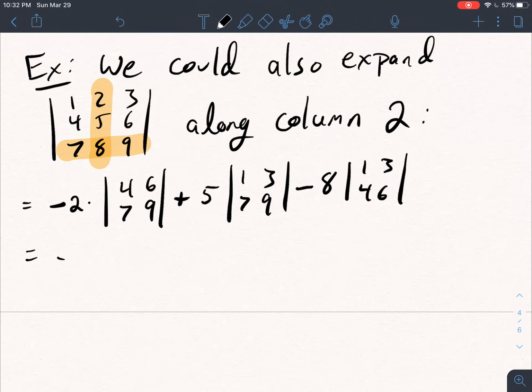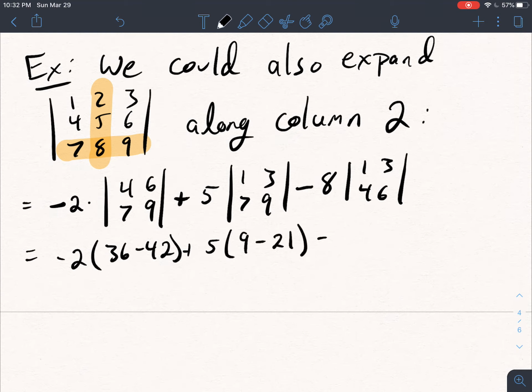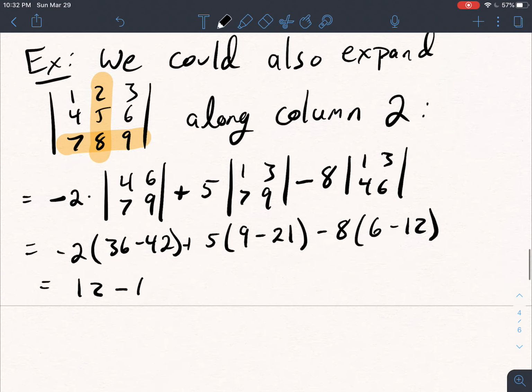Okay, so hopefully this example makes sense. And then let me just finish it out for completion's sake. So here I have 36 minus 42, plus 5 times 9 minus 3 times 7, which is 21, minus 8 times 6 minus 12. This is equal to positive 12 minus, what's that, 60?